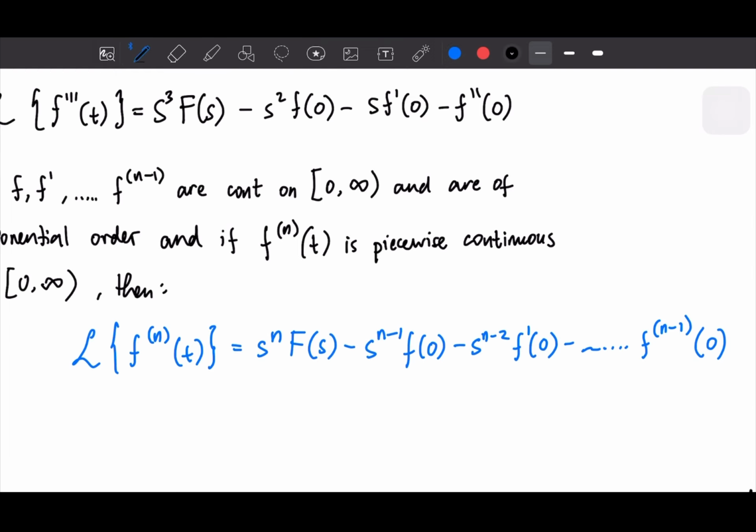And also note that F(s) is the Laplace of the function.